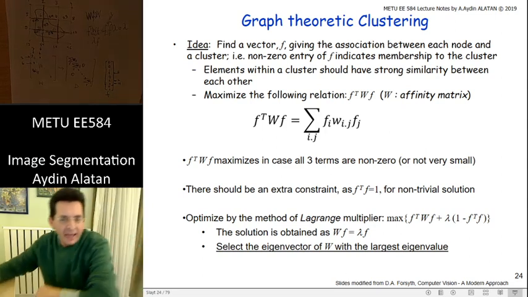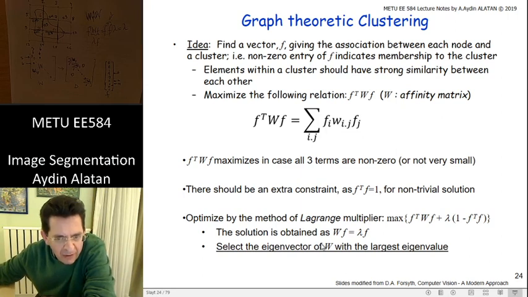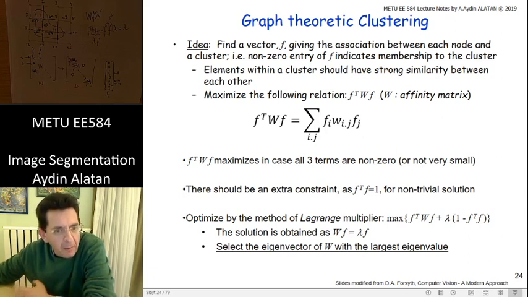Therefore, I have to select the eigenvector of w with the largest eigenvalue. If I do so, I'm going to obtain a vector where the entries will give me the positions. They will indicate me the memberships of my group A, one of the most strong similar segment cluster in my problem.